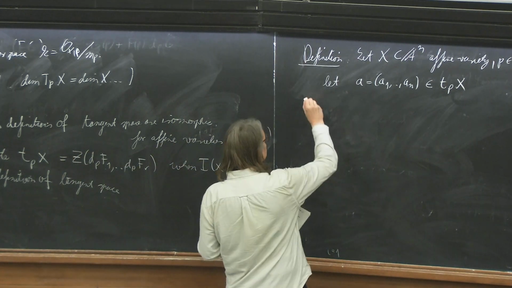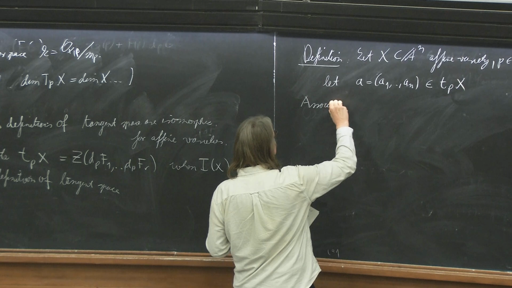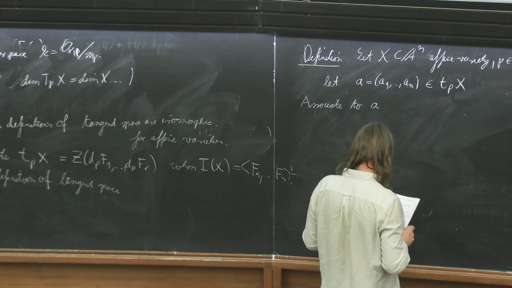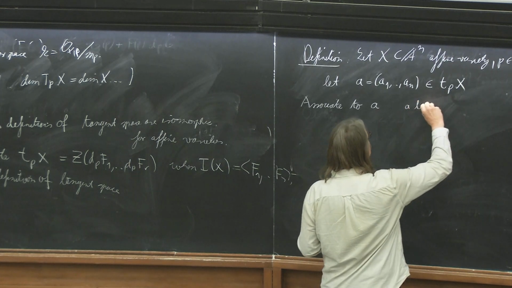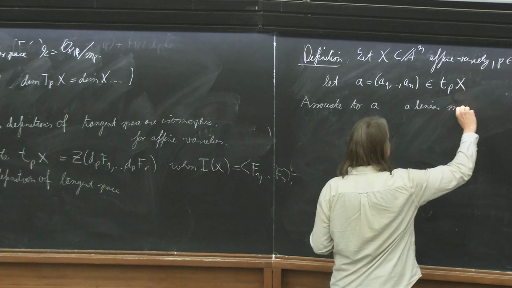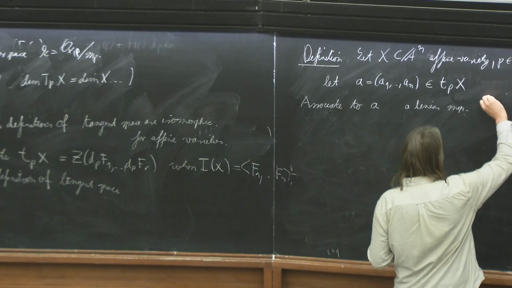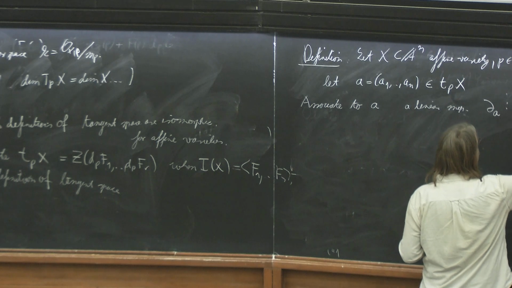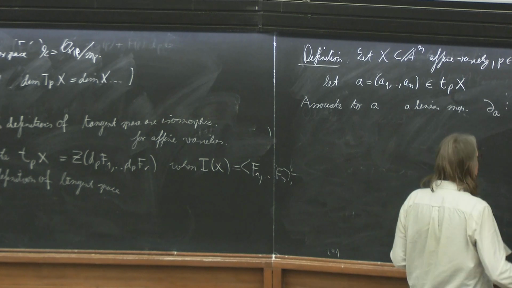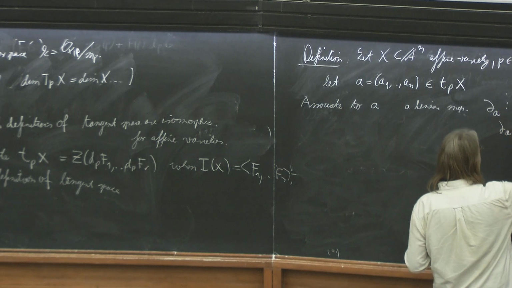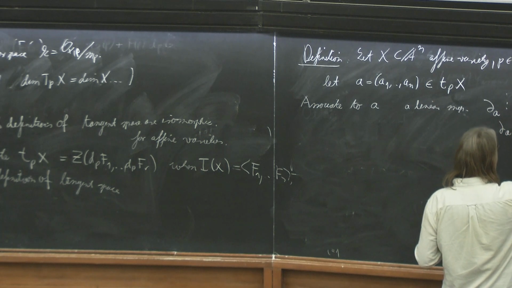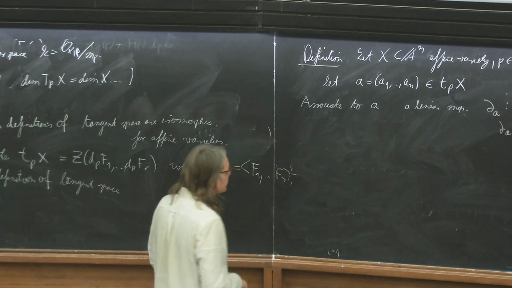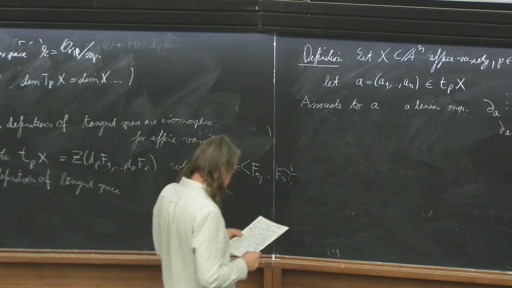Now we want to associate a linear map, which I call dA, from mp to k, which has the property that if I restrict it to mp squared, it's the zero map. And so this is the map from one version of the tangent space to the other.